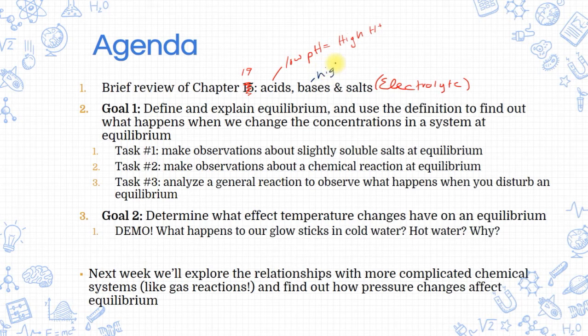These compounds are all over our environment. They're in our food. A lot of bases are poison. Different kinds of poisons tend to be bases. A lot of our cleaners are bases too, and you would never eat those. That's a bad plan, right?